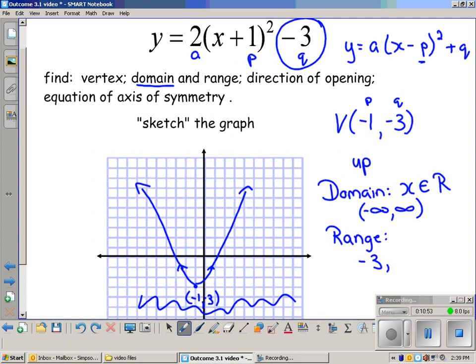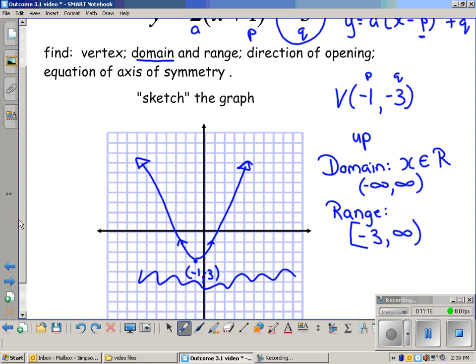The largest value that y can be, well, because those arms continue to extend in an upward direction, y can get infinitely large. So y can go up to infinity. -3 is included in our interval, so we use a square bracket. Because we never really reach infinity, we use a round bracket for the range.